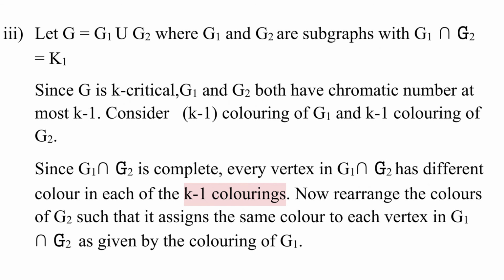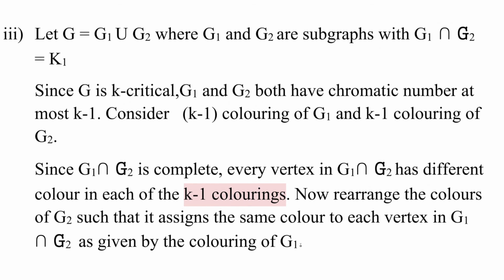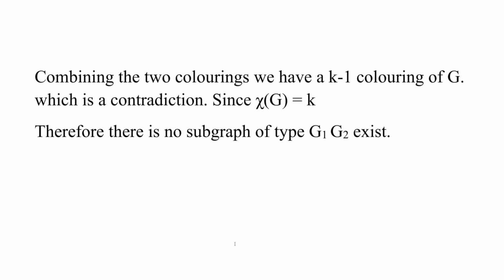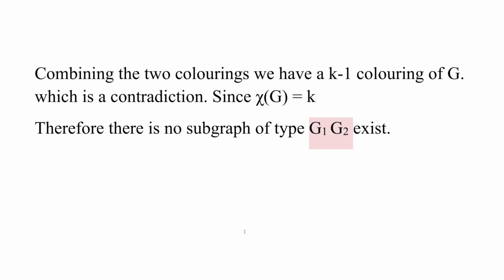Now, rearrange the colors of G2 such that it assigns the same color to each vertex in G1 intersection G2 as given by the coloring of G1. Combining the two colorings, we have a k minus 1 coloring of G. That is a contradiction since chi of G is equal to k. Therefore, no subgraphs of type G1, G2 exist.